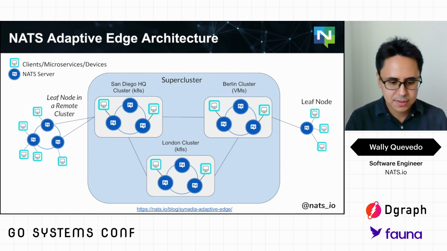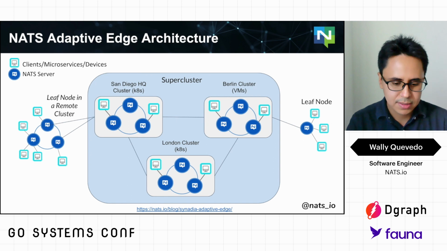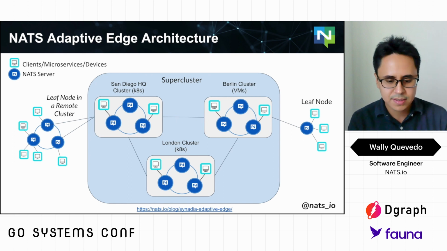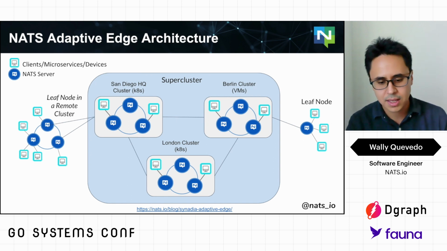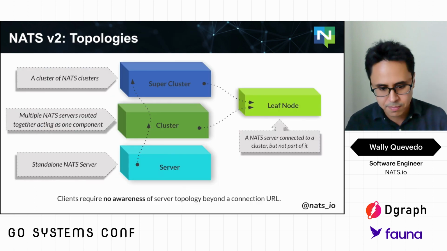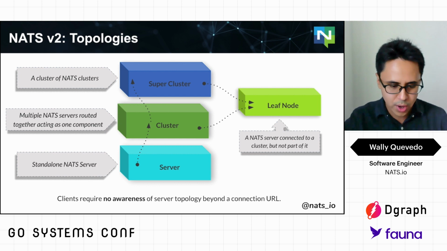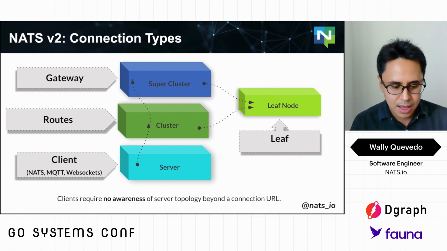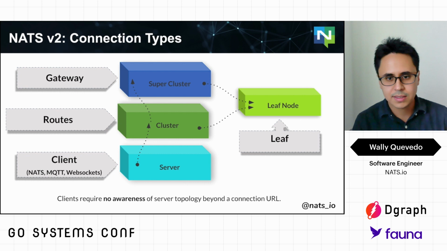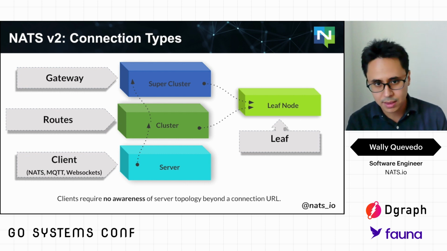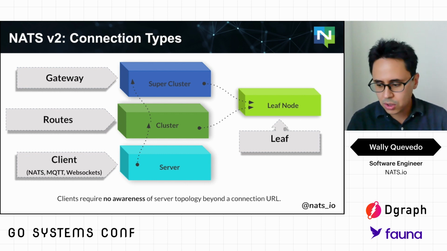So with those topologies, you started with a single server, then this server became a cluster of NATS servers, and now you can make a cluster of them, and we call those the super clusters. And you can have leafnode connections to any of those types of servers. We call them the client connections, which are the classic style of NATS connections, where, for example, when I telnet to demo.nats.io on 4222, those are called client connections.